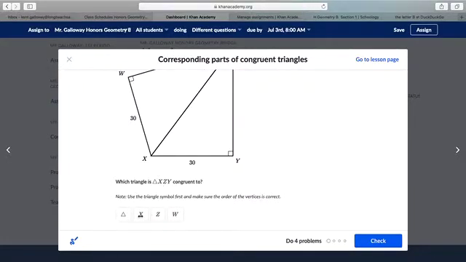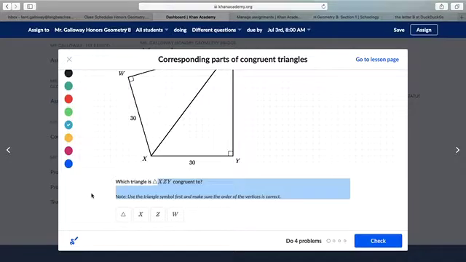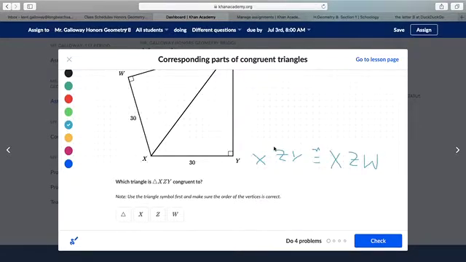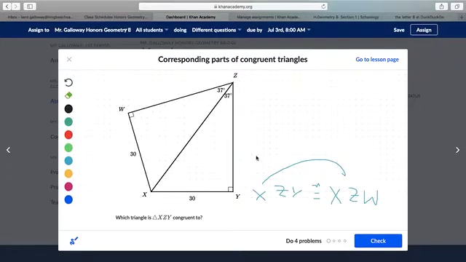So see how X matches. If we have XZY congruent to XZW, we see that X and X match, Z and Z match, and Y and W match.